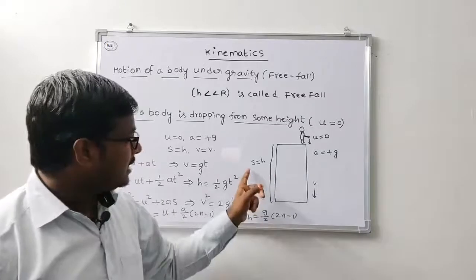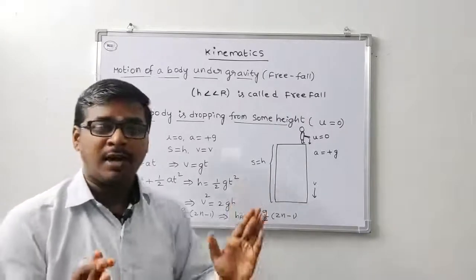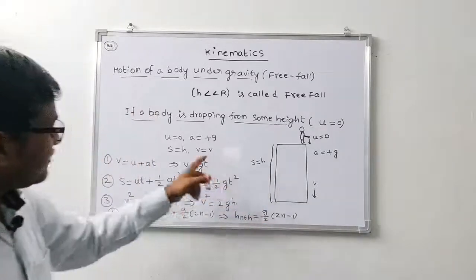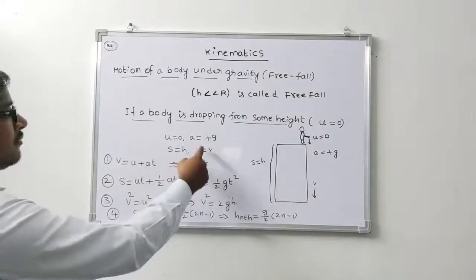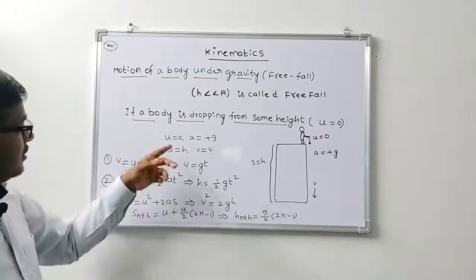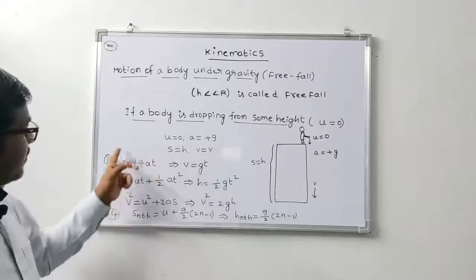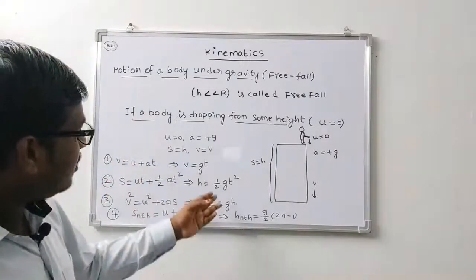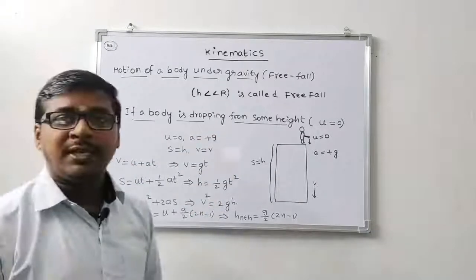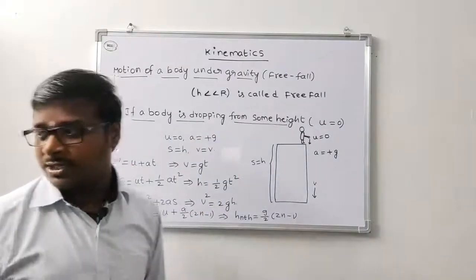The displacement is equal to the height of the tower. These four parameters are substituted in the four kinematic equations to find the freely falling equations. Okay, next one.